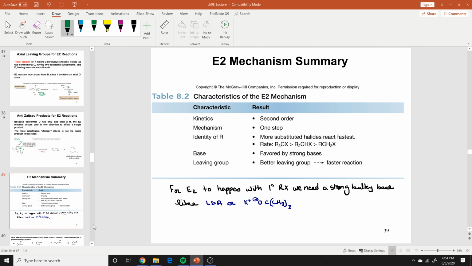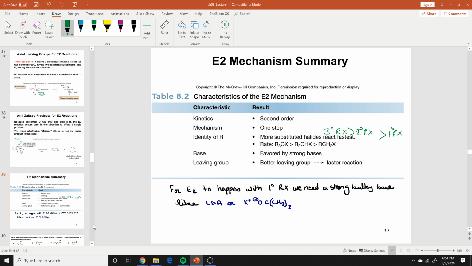As a summary for the E2 mechanism, it's a second order reaction, and it happens in one step. For alkyl halides, tertiary alkyl halides are faster than secondary alkyl halides, then primary alkyl halides. E2 happens with tertiary, secondary, and primary.